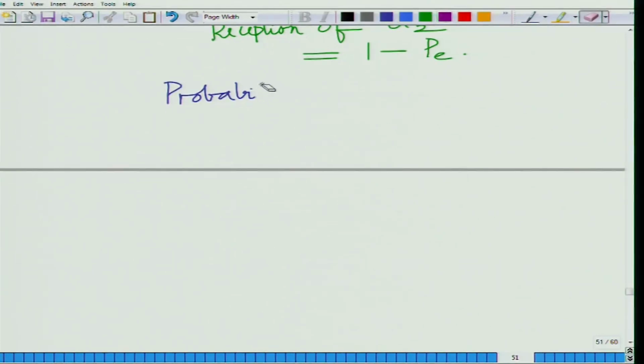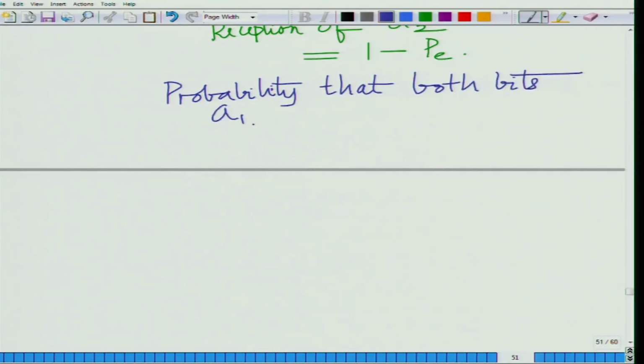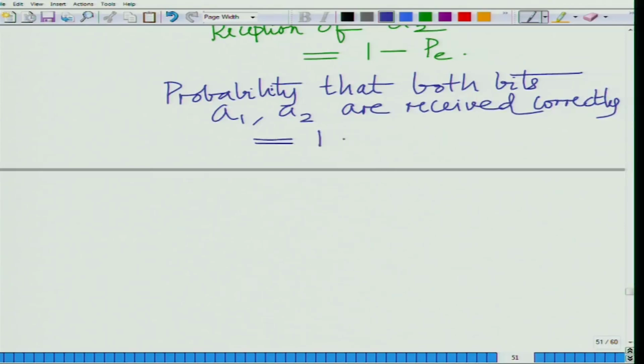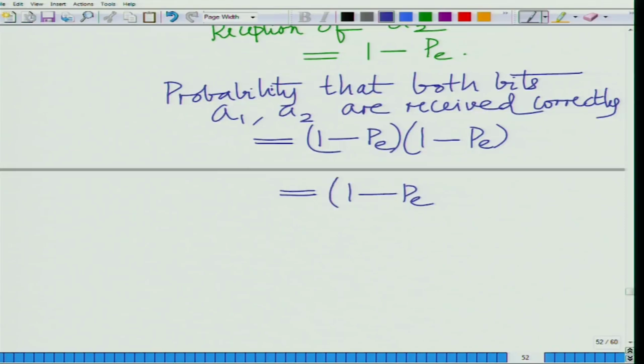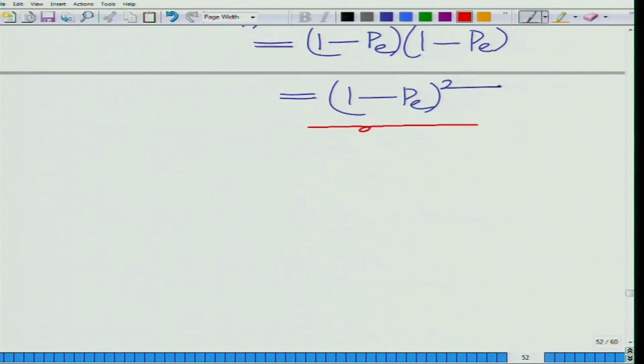The probability that bits A1, A2 are received correctly equals 1 minus P into 1 minus P. This is equal to 1 minus P squared, where we are using the fact that they are independent events.